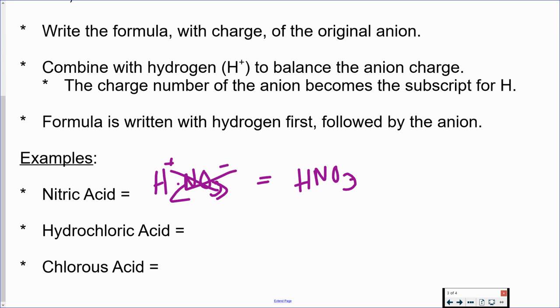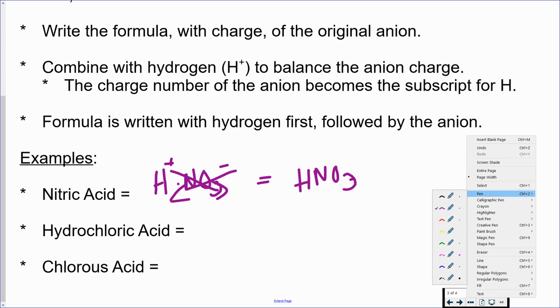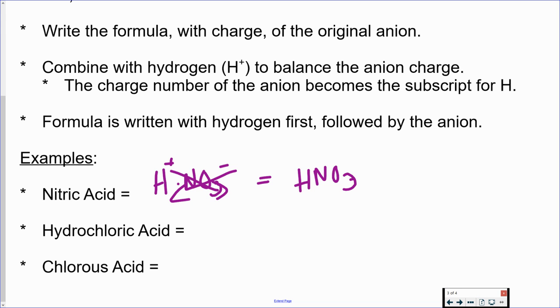Example number 2, you have hydrochloric acid. Well, hydro and ic becomes ide. So it's chloride, which is Cl with a -1, H with a +1, crisscross, and you get HCl. A good reminder for hydro is hydro means no O's.